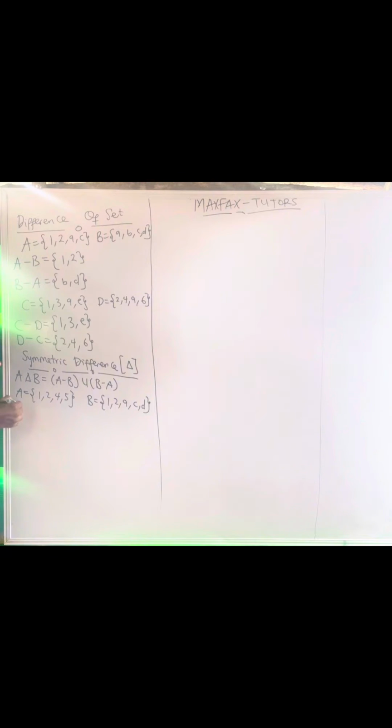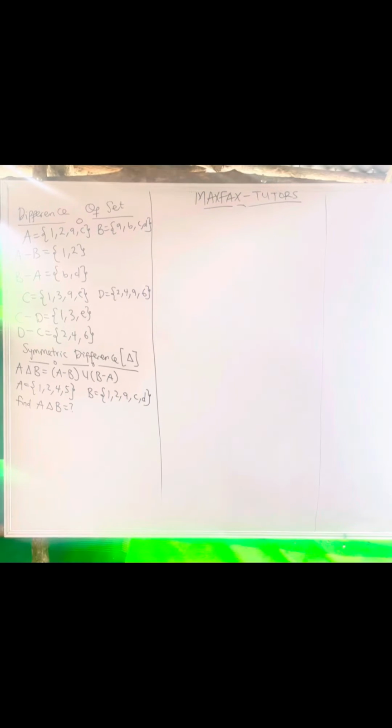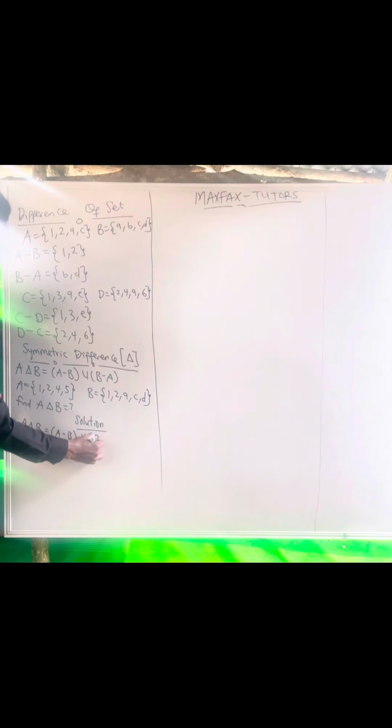And you were asked to find A symmetric difference B. Just write solution. A symmetric difference B would equal A minus B union B minus A.